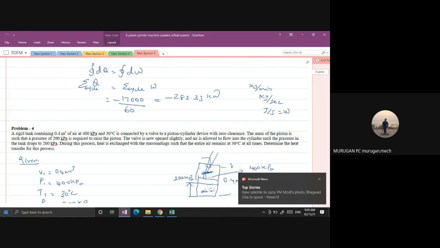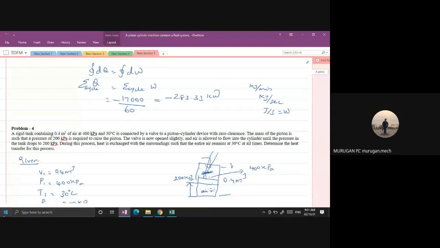The valve is now opened slightly and air is allowed to flow into the cylinder until the pressure in the tank drops to 200 kilopascal.